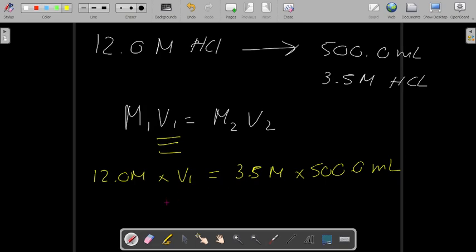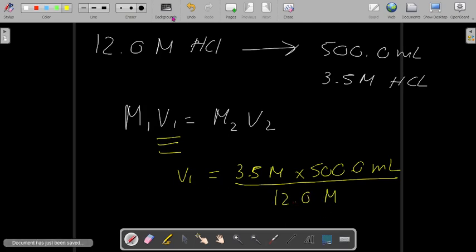So rearrange these to find the volume. Anything that's multiplying goes on the other side. This is algebra, dividing. I'm going to erase this section so I don't have to write it again and put it on the other side dividing. So 12.0 molarity. See that the units work. The molarity here disappears and you're left only with units of volume, which is what you want.